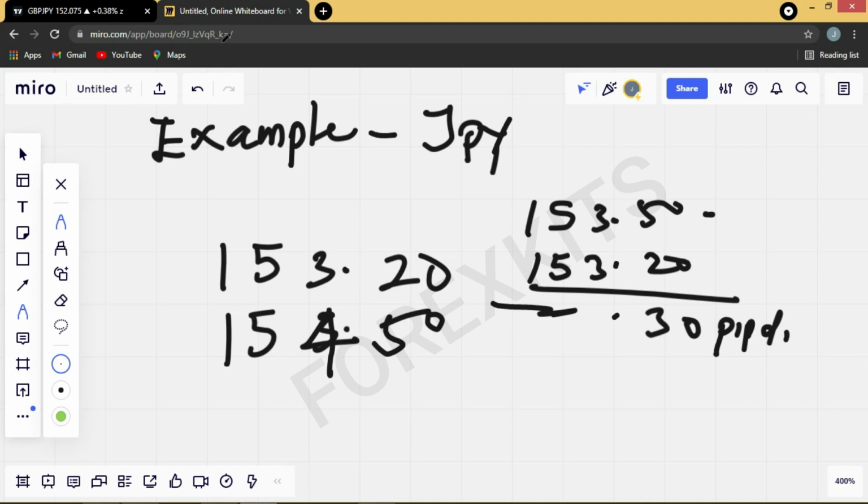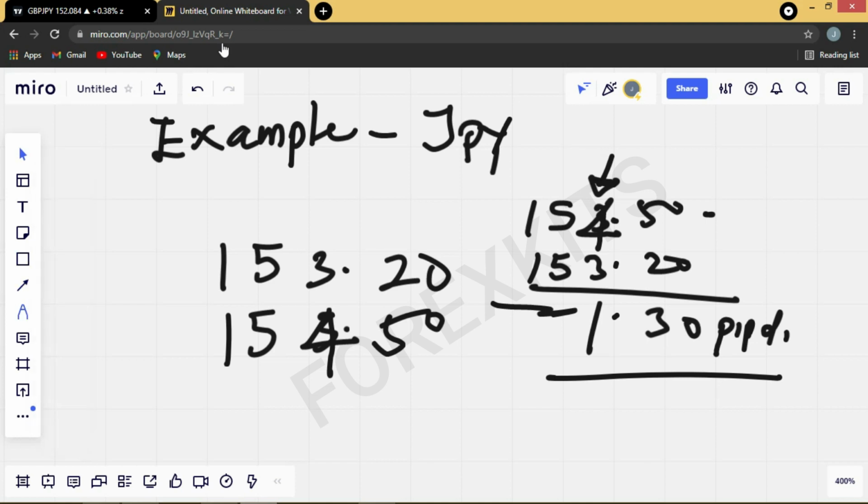It's the same thing here: because it's higher and we are buying, we start from the higher value and subtract the lower one. So 154.50 is going to be a 130 pip difference, because there is a difference on this 100th value. So this is how to calculate for JPY pairs.